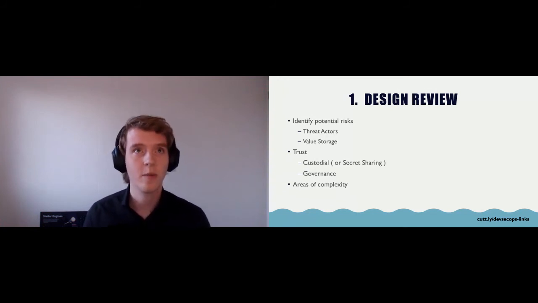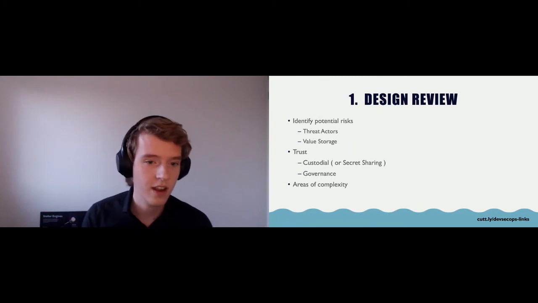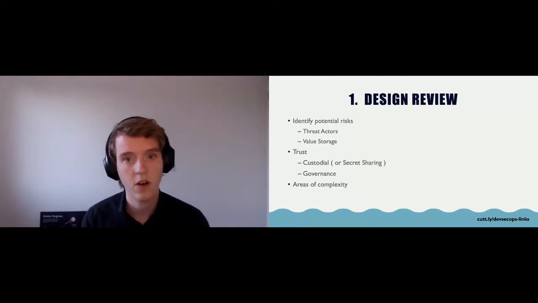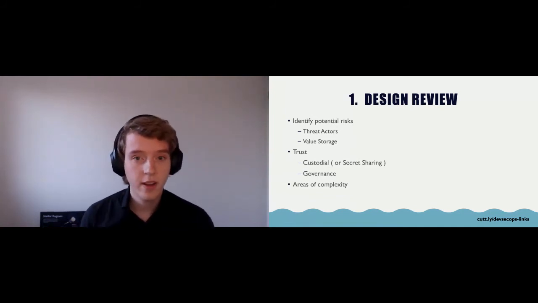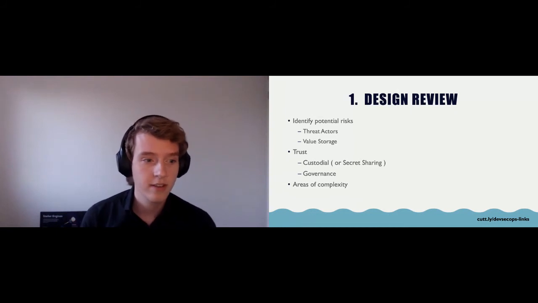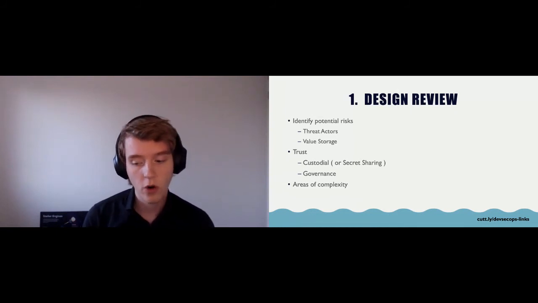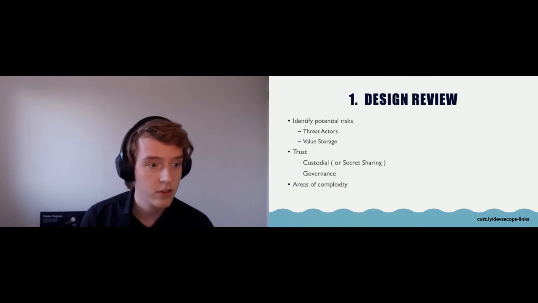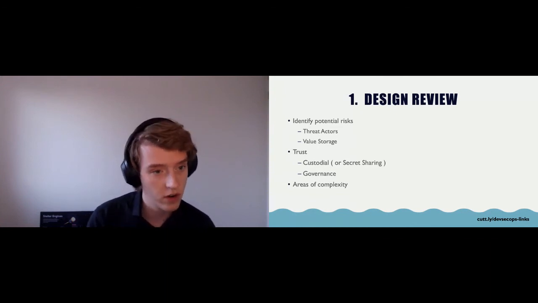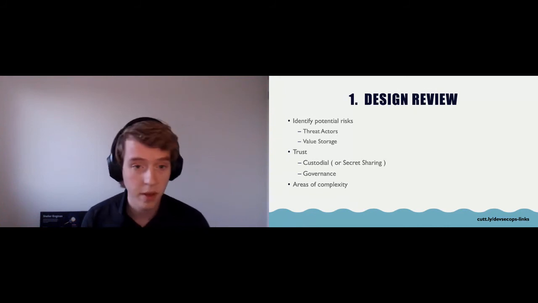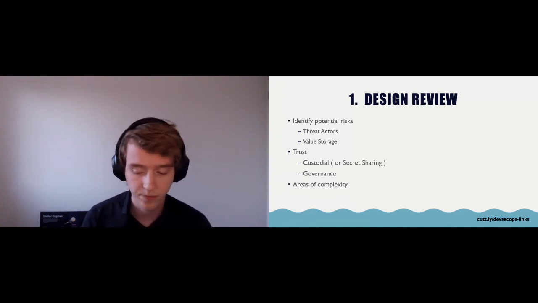Then another topic which is super interesting and relevant for smart contracts is the placement of trust. You might implement a system that is custodial, or you might distribute trust to various actors using some kind of secret sharing scheme, or maybe you're using a multi-sig.